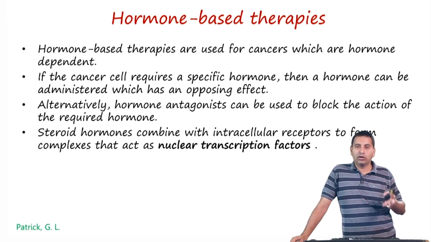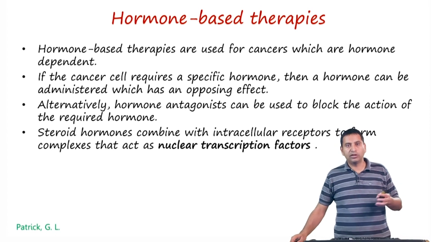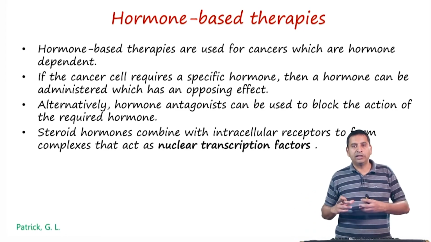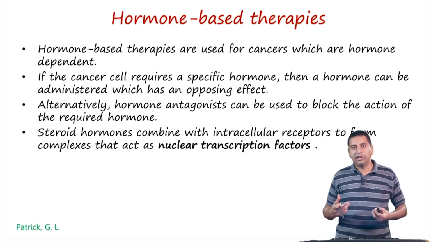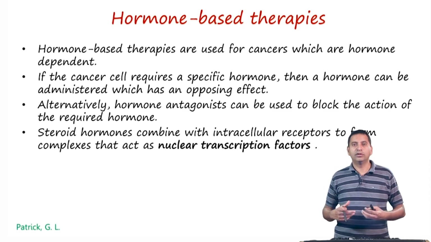What we could do is give a hormone which has an opposing effect, that is, it suppresses the growth of the tumor. Alternatively, a hormone antagonist can be used to block the action of the required hormone. These steroid hormones combine with the intracellular receptors to form complexes known as nuclear transcription factors. By inhibiting these, we would be able to reduce the growth of the tumor.